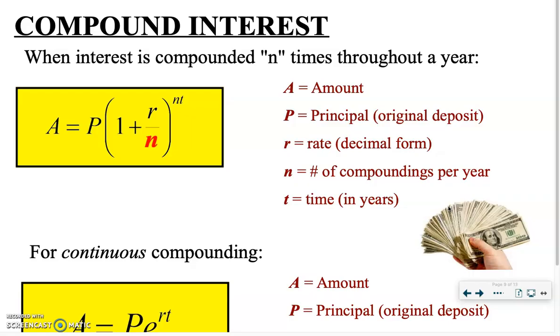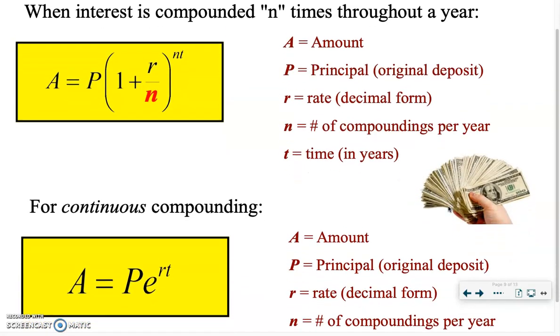Maybe you're doing it quarterly, so N would equal 4. Monthly, N would be 12, or daily, 365. It's the way that some of the interest is going to be calculated. Another way, though, is the continuous, and that's where E comes in. More commonly referred to as the PERT formula, principal times E raised to the RT power.